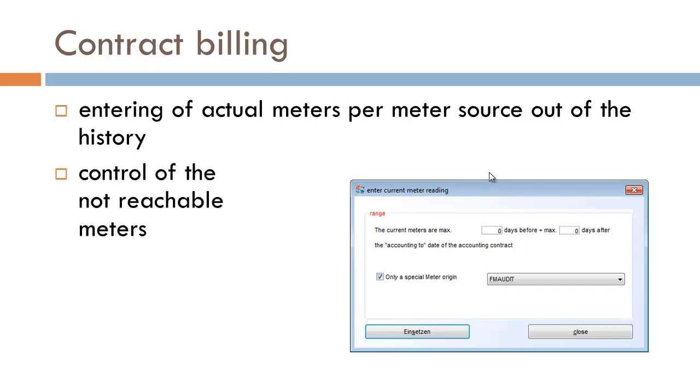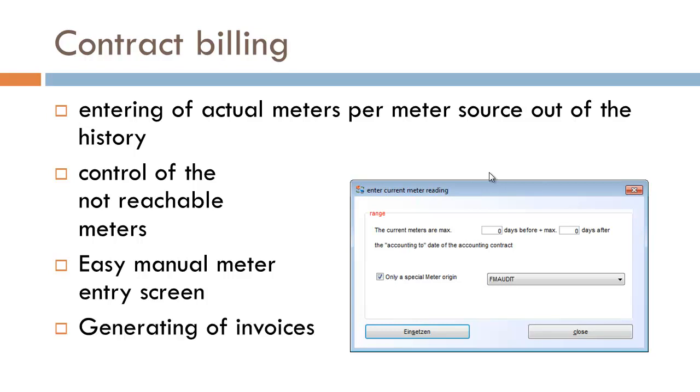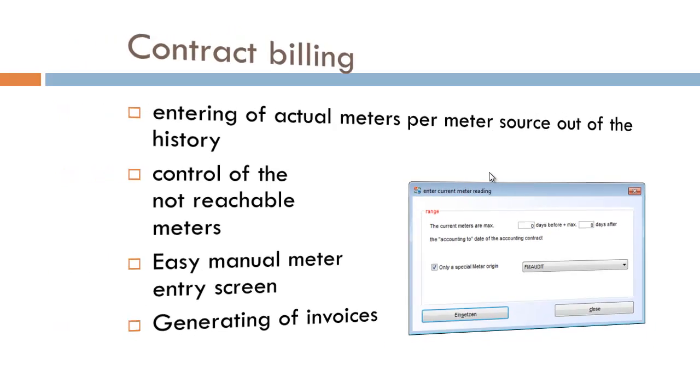And then we're making a control of these meters, and you have to keep in mind that if a device is not scanned and we do not have a meter, then there's a manual meter entry screen where you can put the meters in. So everything is around the area: how do I get the meters as fast as possible into the contract management and billing system? And at the end, we are generating the invoices.